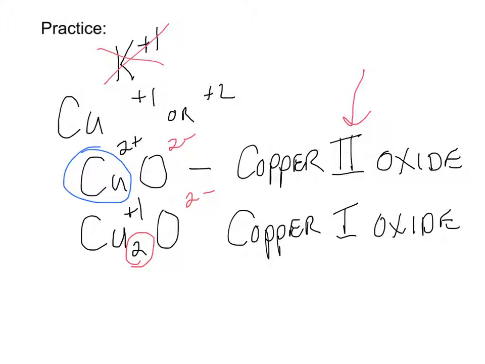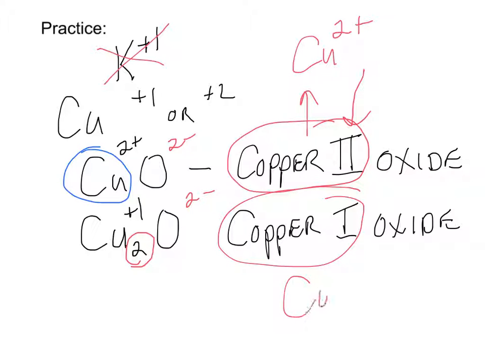Now this is kind of tricky, but it's not if you pay attention. This one is telling me I have copper 2, and this down here is telling me I have copper 1.